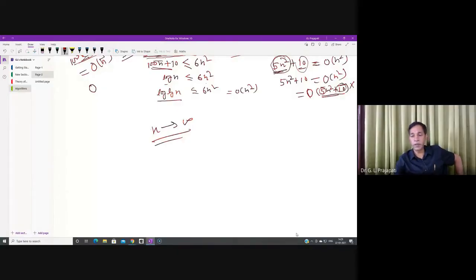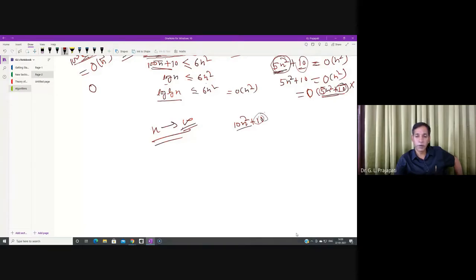Once n tends to infinity, the lower order terms are constants, and they are dominated by the effect of the large value of n. If you have 10n square plus 10, then as n tends to infinity, adding 10 is nothing.